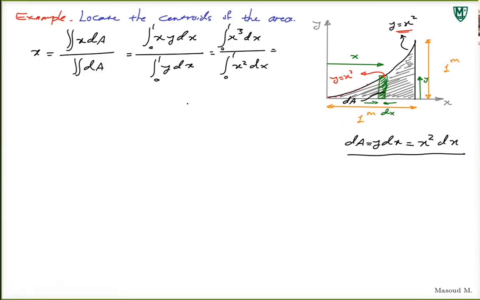I think you'll have to put x bar here. Take that integral and you'll get 1 over 4 x to the 4 from 0 to 1, over 1 over 3 x to the 3 from 0 to 1.